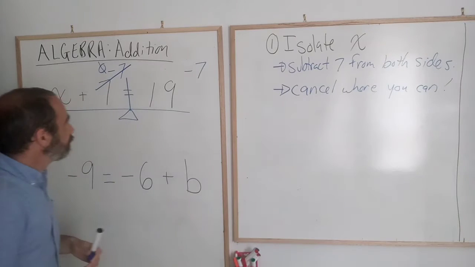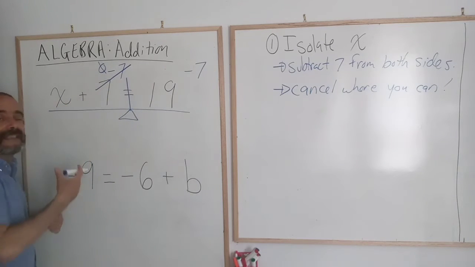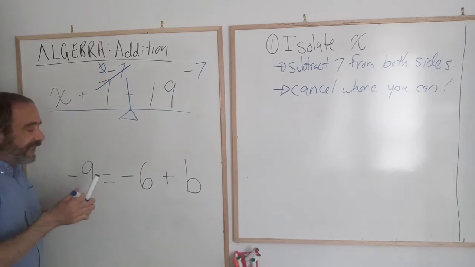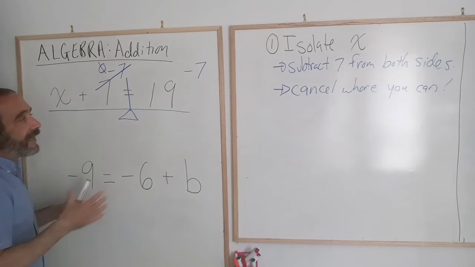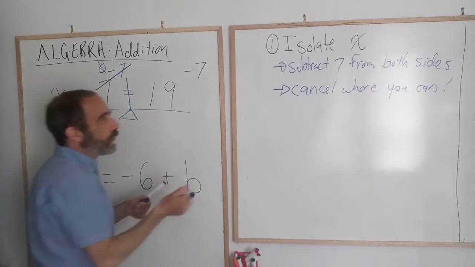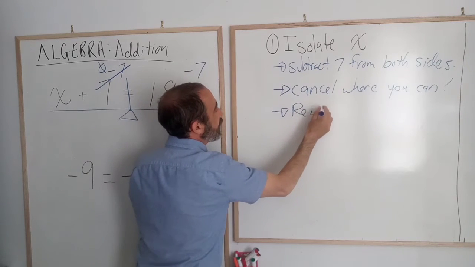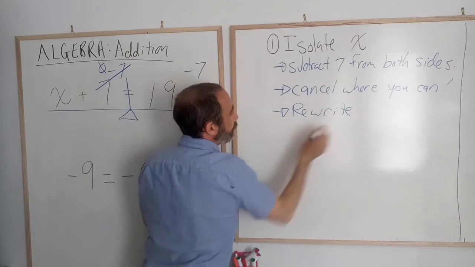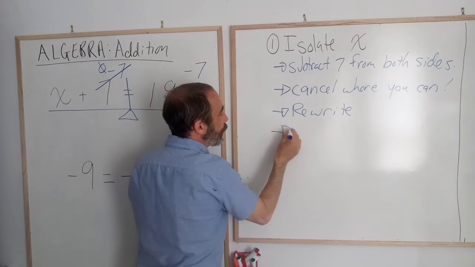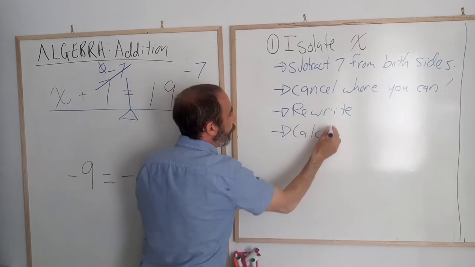Right, so it's kind of canceling. 7 minus 7 is 0, so they canceled out. But I still have some stuff left over. So what I like to do is I like to rewrite. And then lastly, we're going to calculate whatever's left.